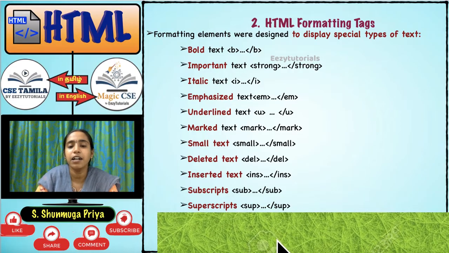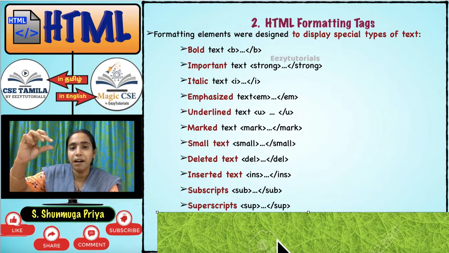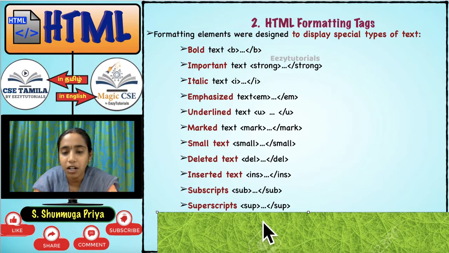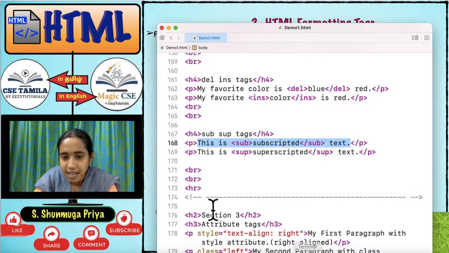Superscript means the text will appear at the upper level. For example, if you want to write something like power 5 or power 20, something at the topmost power level, you call it superscript, and the tag used is sup and slash sup. In this example, this is a superscripted text.